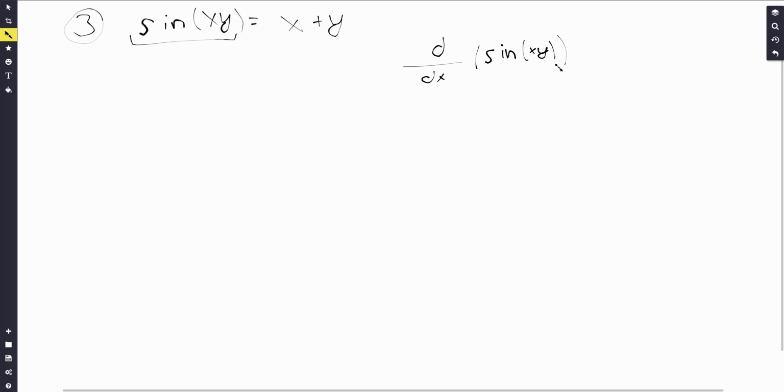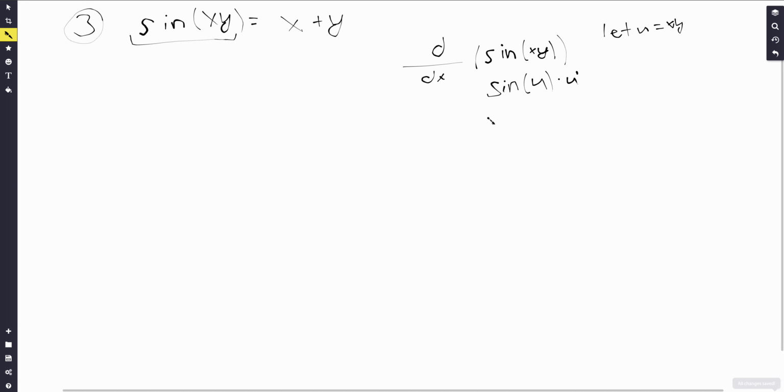What will we do here? We have to do the chain rule in this case. So I'm going to let u equal x times y. We'd be differentiating sine of u, basically, times u prime.